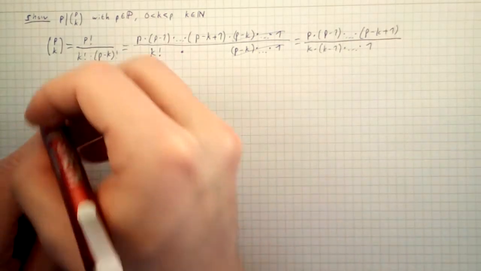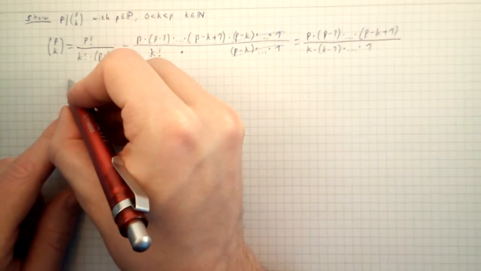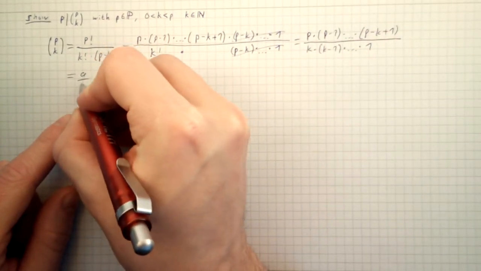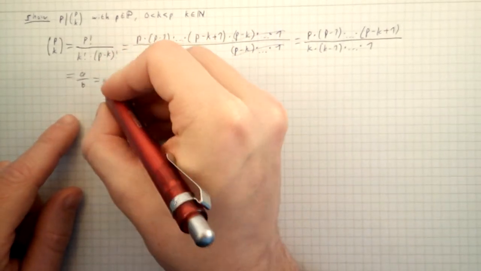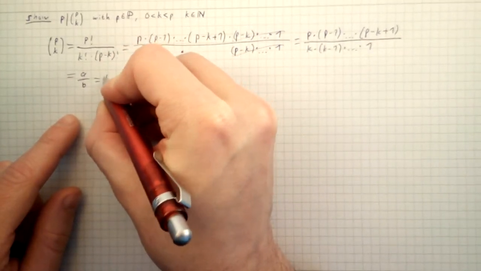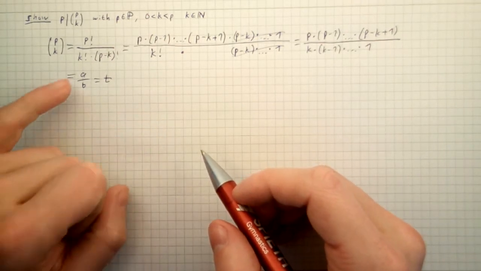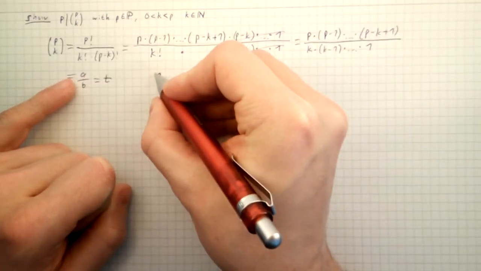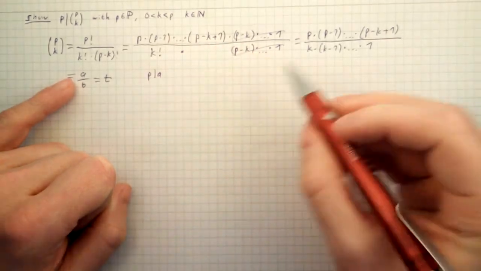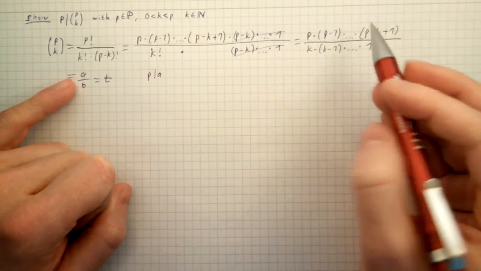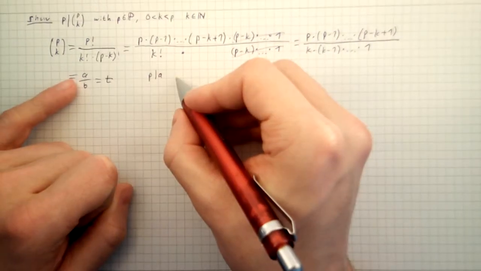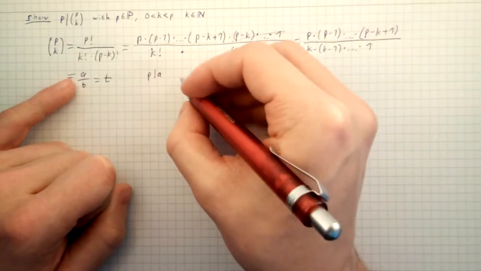And this fraction we call now a divided by b, which is equal to a number t. And we can easily see that a is divisible by p, because p is one of its factors.